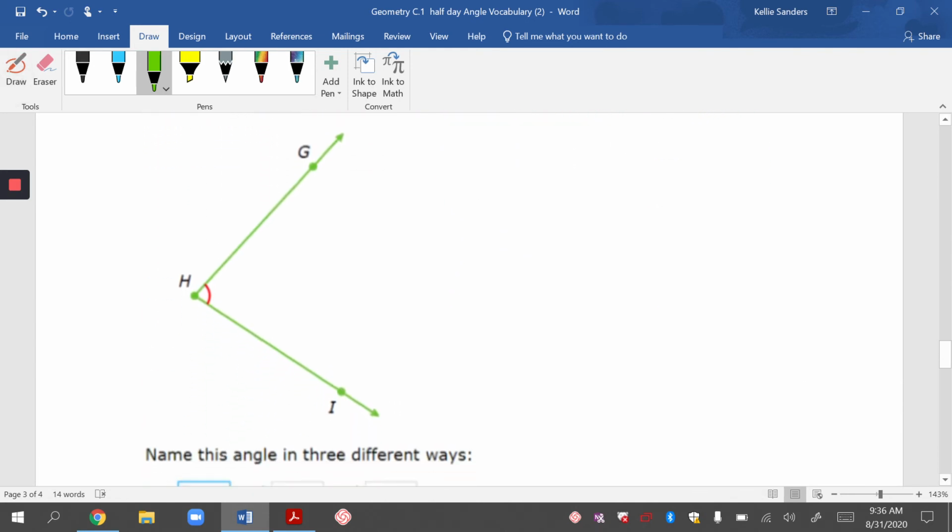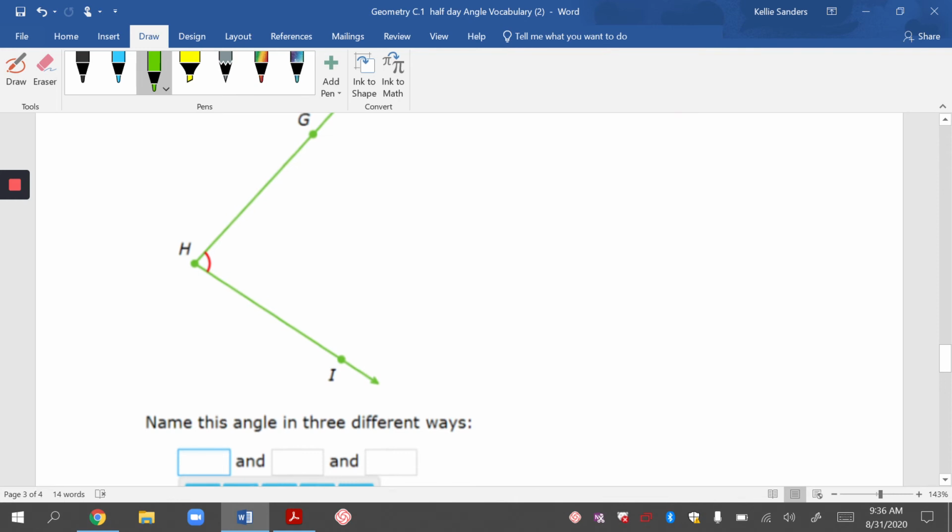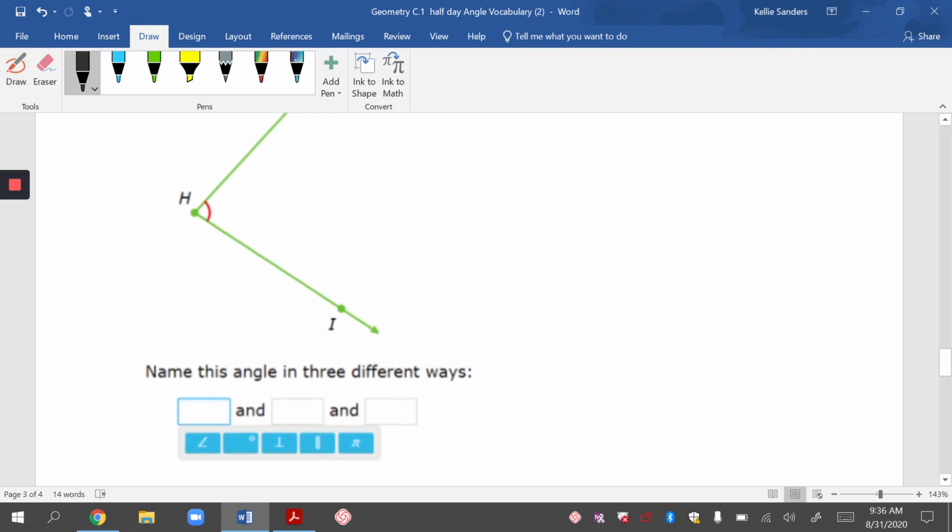Look at this angle. Name this angle in 3 different ways. So like I said earlier, there were 3 different ways of being able to name those angles. This one we want all 3 of them, and it doesn't matter which row you do. But remember, you must use the angle symbol.